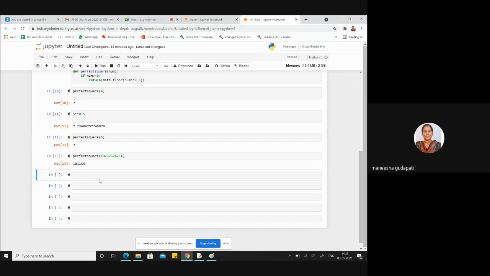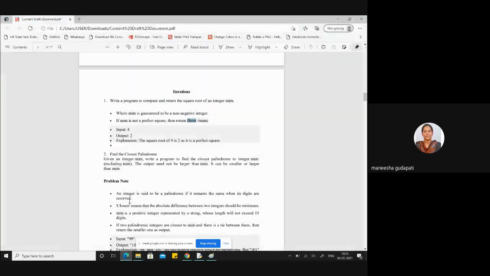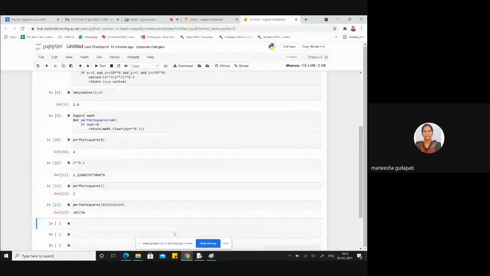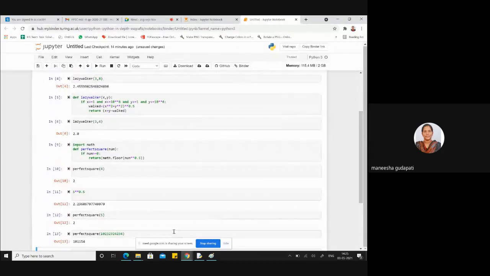So you can apply this function to any number of any length. Are you noting these programs or not? Are you practicing these problems? Yes, ma'am.